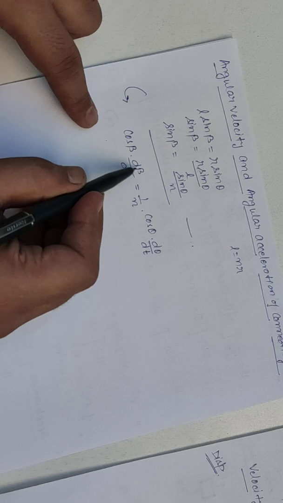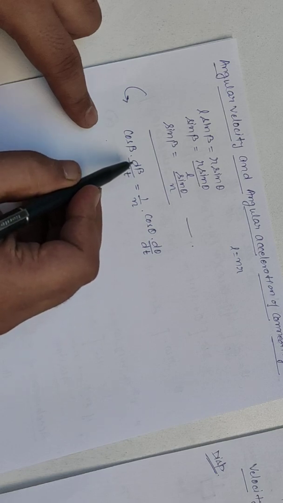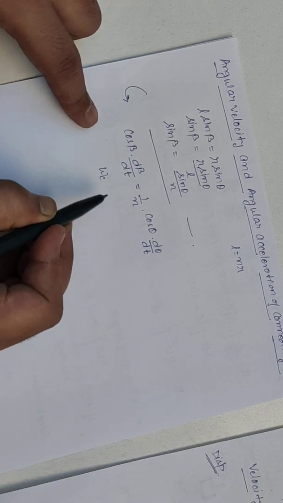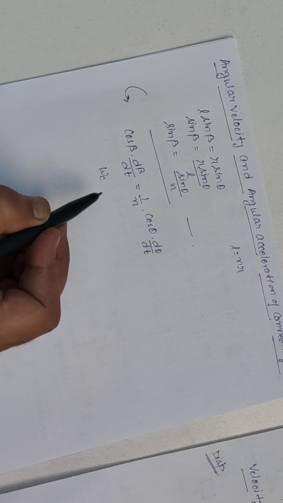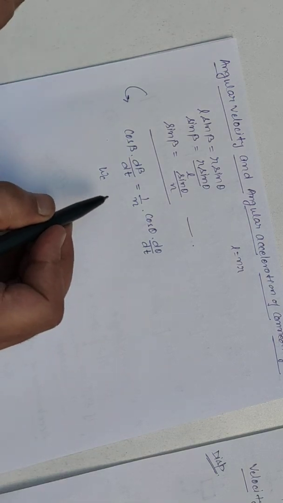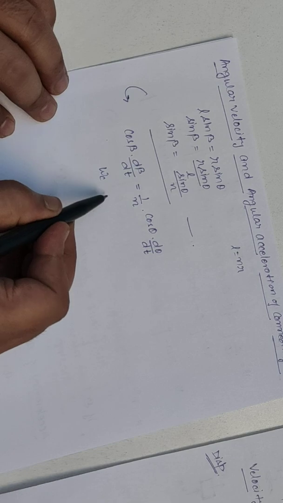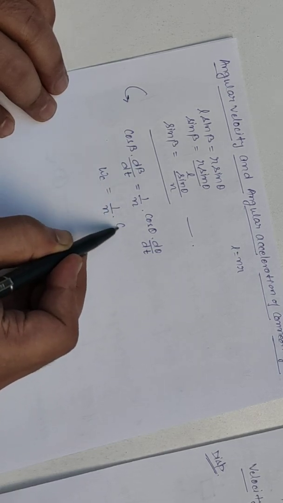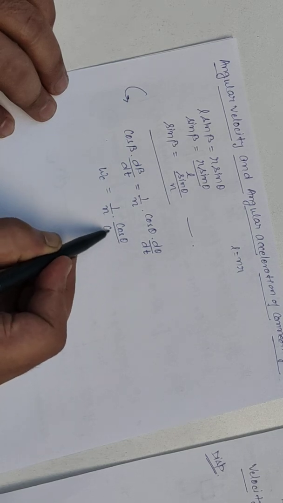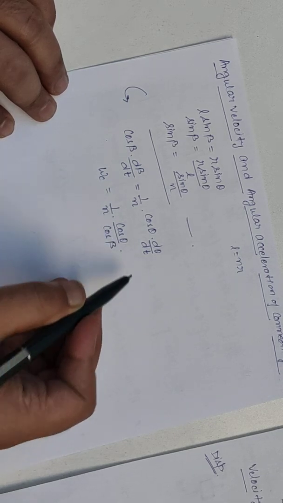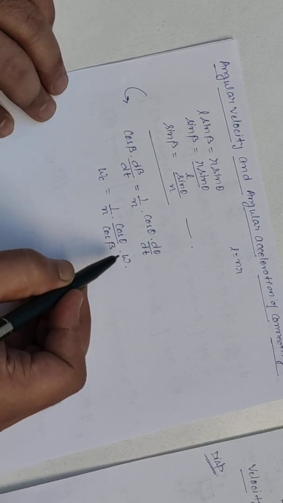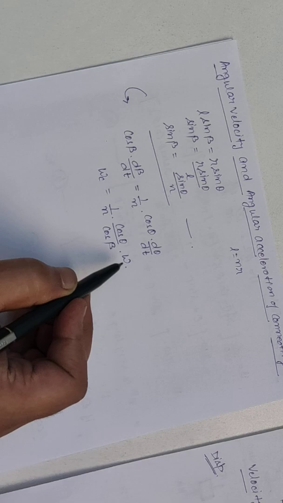It is the rate of change of angular displacement. The connecting rod has angular displacement beta, so this gives omega c, the angular velocity of the connecting rod. We get omega c equal to 1 upon n cos theta by cos beta times d theta by dt, and d theta by dt is nothing but omega, the angular velocity of the crank.